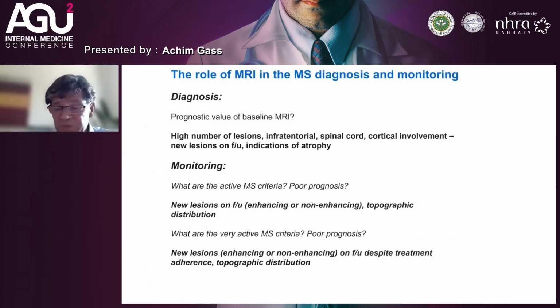So I told you about the prognostic value of MRI. First of all, you need it to demonstrate dissemination in space and time, and with the help of CSF analysis, you will be able to determine early on whether the diagnosis of MS is given or not.